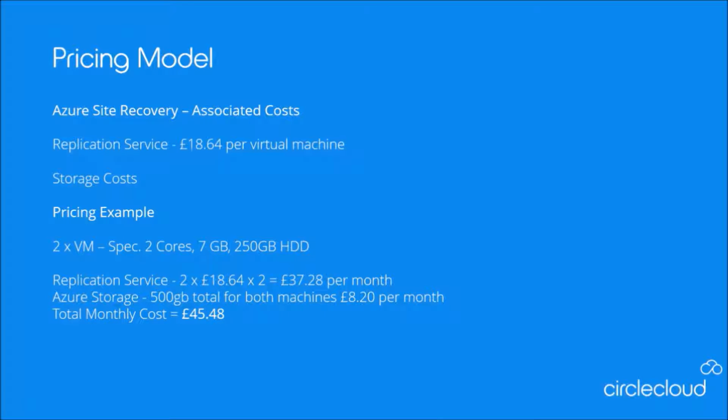If we use the Azure pricing calculator, which is publicly available on the Microsoft website, you get the cost for 500 gig storage, which shows £8.20 per month, and that gives us our total cost for replication and the storage associated with it, to make sure that we can actually perform the DR, at £45.48 per month.